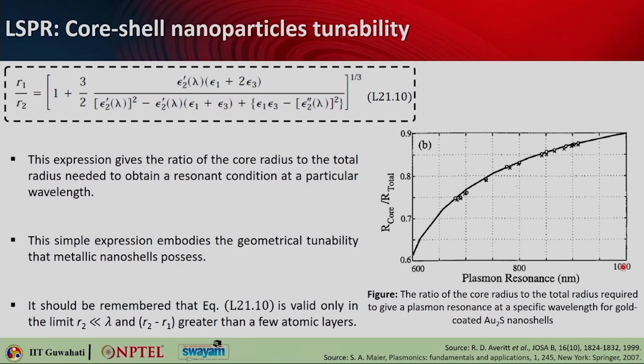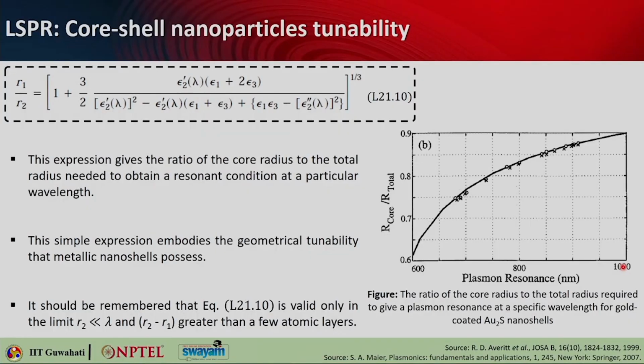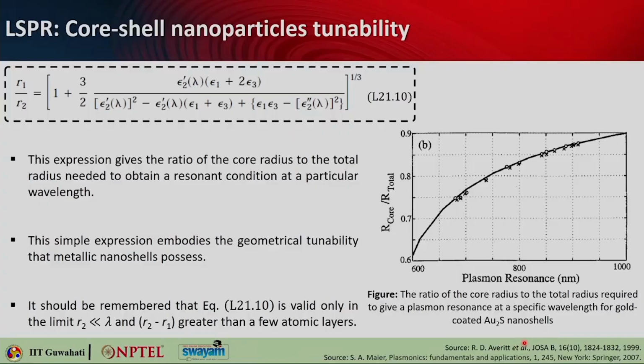Now, you can correlate with that large span of nanoshell that I have shown previously, that it is possible to get a huge tunability by going to this kind of core shell nanoparticles, where a metallic core is coated with a nanoshell, and this also can be done.